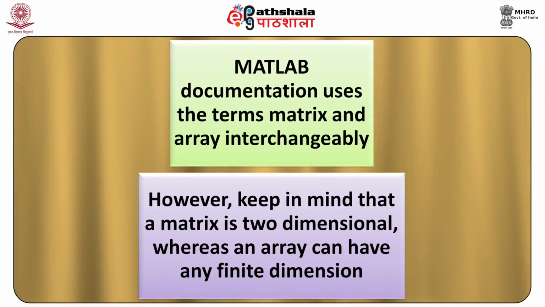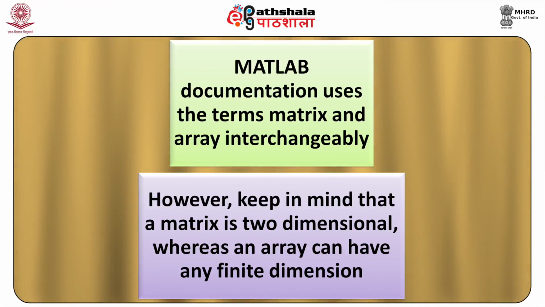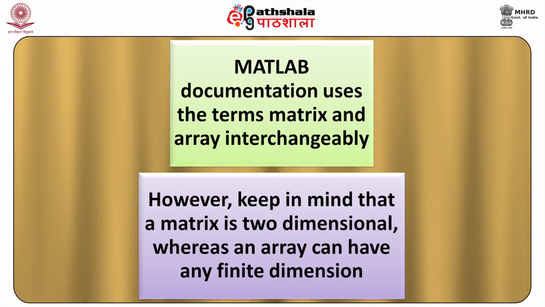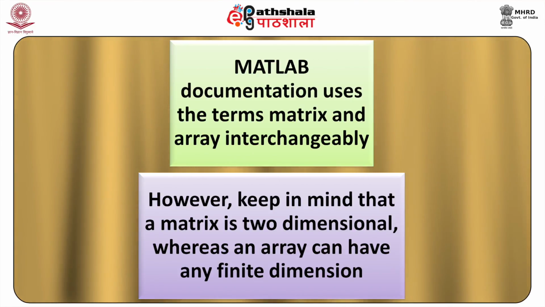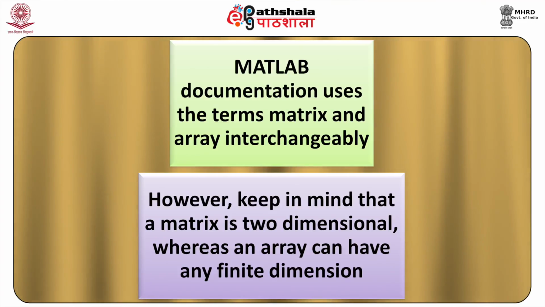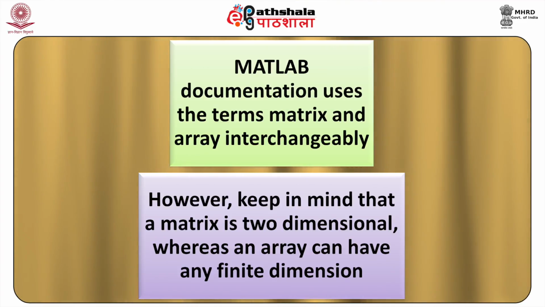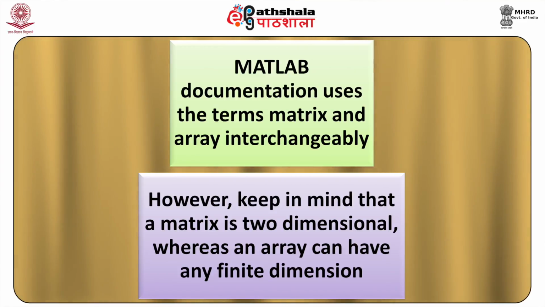With a few exceptions, the toolbox's spatial coordinate convention is not employed, but many MATLAB functions do, and one will definitely encounter it in the toolbox as well as the MATLAB documentation. The MATLAB documentation uses the terms matrix and array interchangeably. However, it has to be kept in mind that a matrix is two-dimensional, whereas an array can have any finite number of dimensions.